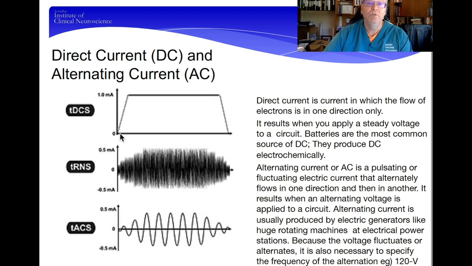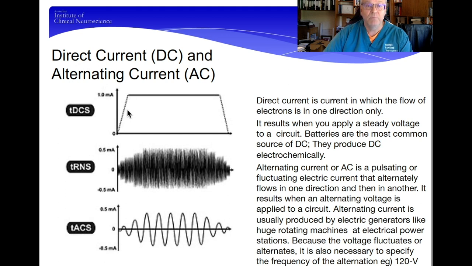So we usually will use a ramping speed or a ramping parameter that is relatively fast, but not so fast that it causes a lot of sensation. And usually this ramp up will be 1 or 2 seconds. And that usually relieves the tingling sensation that people feel for the most part.